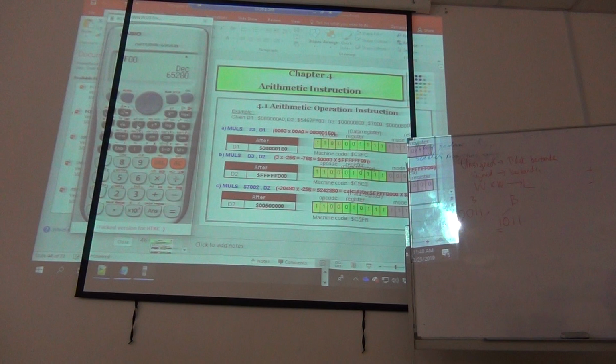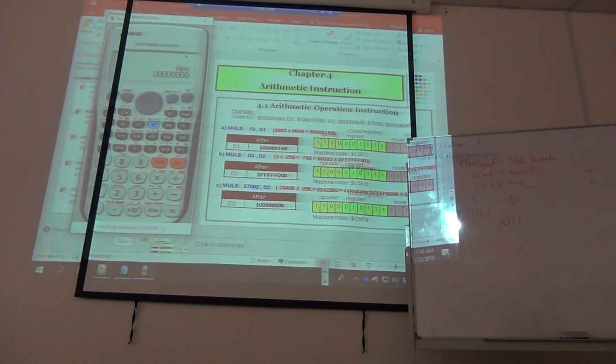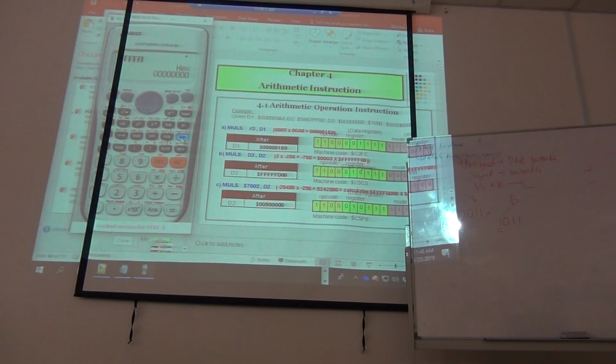Untuk represent dia kena guna second complement method. Dalam kalkulator very simple. Kena guna 8 digit, semuanya adalah F di hadapan. So bermaksud, kalau saya buat macam ini, FF00 untuk hex.